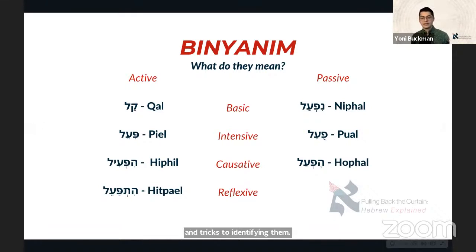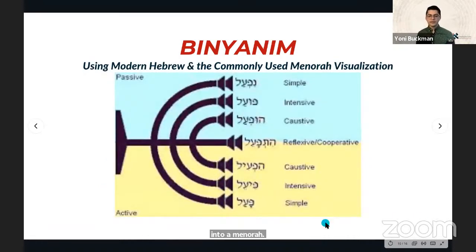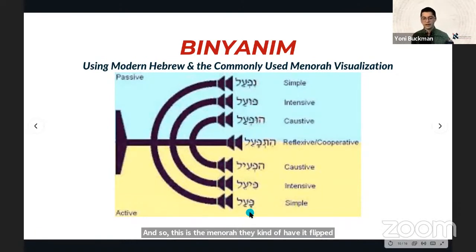The next slide is an image that I took off of the internet. I did not make it, but people like to put this into a menorah. And so this is the menorah. They kind of have it flipped, where we have the pa'al or the kal at the bottom here. So the bottom half is active, the top half is passive. And if you follow the branch, you get the connection of simple.